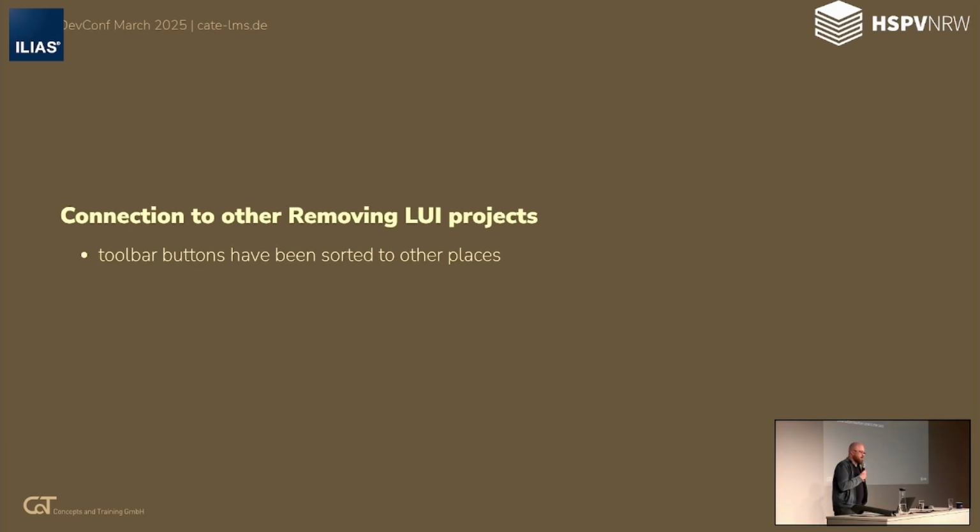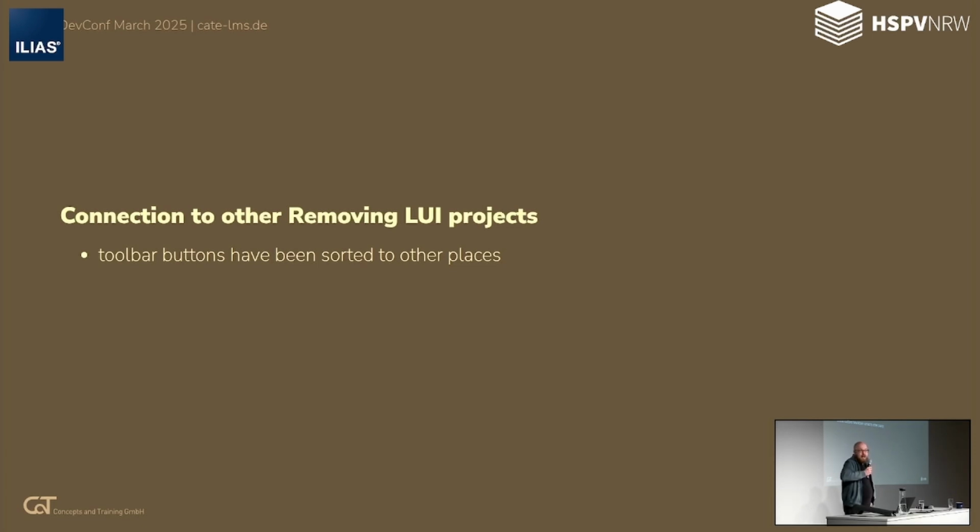So the toolbar buttons at the moment are a little bit deprecated because the toolbar has been sometimes abused a little bit and just stuffed with buttons that are all a little bit different and that leads to some semantic problems there. So there are already projects looking very carefully at what actually goes in that toolbar and what shouldn't go in that toolbar.